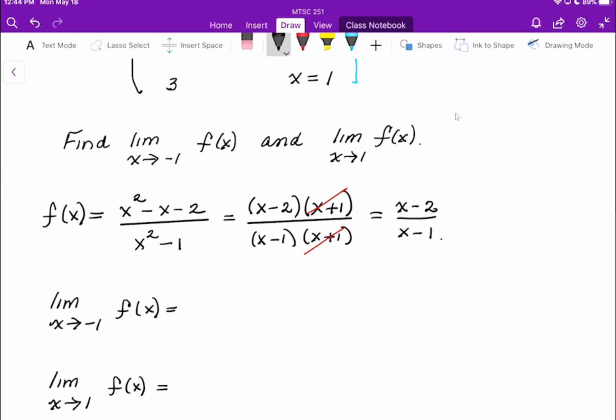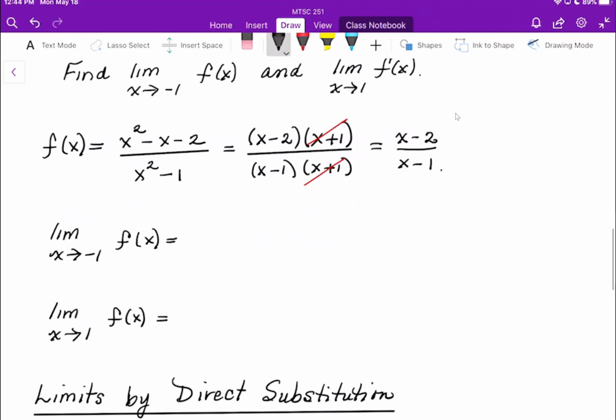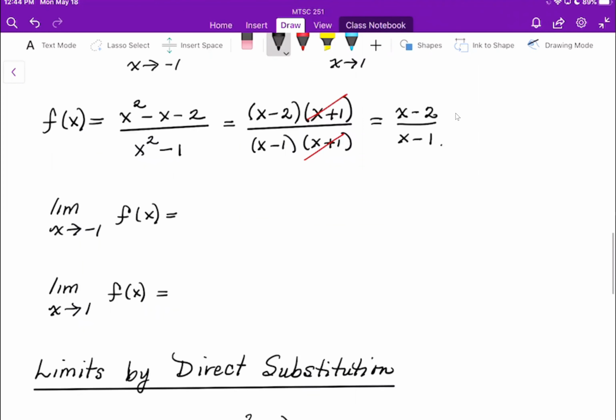So now we want to do limit by direct substitution. When I substitute minus 1 into this function, I get the limit as x approaches minus 1 of x minus 2 divided by x minus 1, and that's minus 1 minus 2 divided by minus 1 minus 1. And this is 3/2.